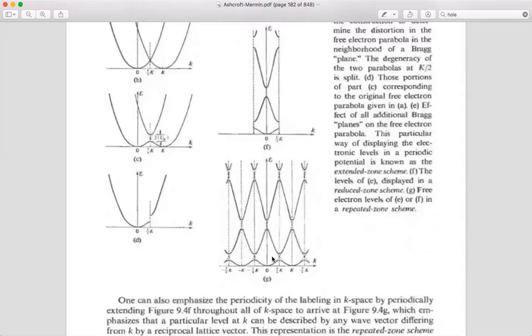Now suppose you start from K equal to 0, you are increasing K and you are here, let's say in this band, the energy goes like that. There's a maximum, then it comes down, then it becomes 0. So when you are here, it remains a continuous function as long as you are within this same branch or the same band.